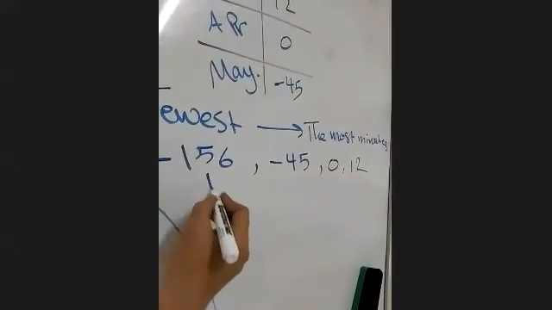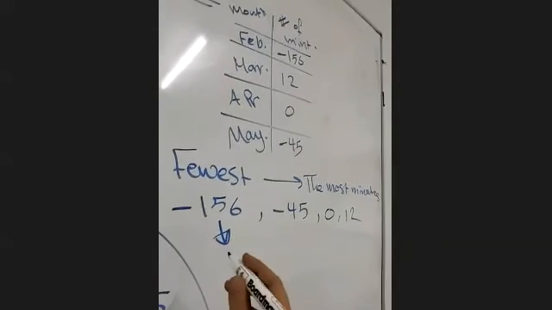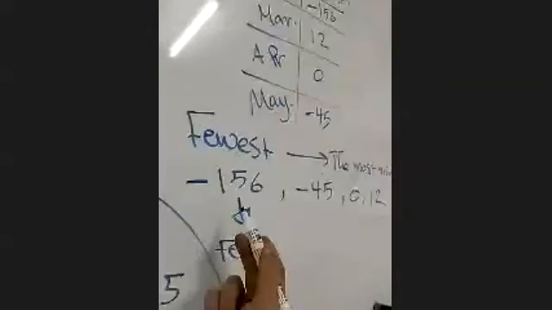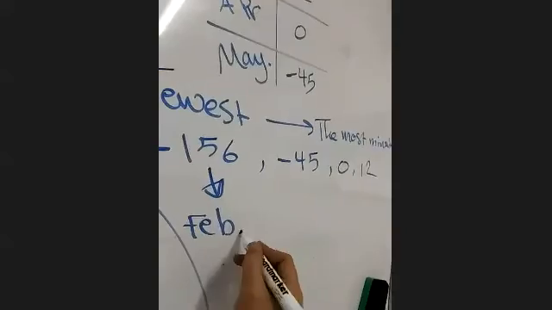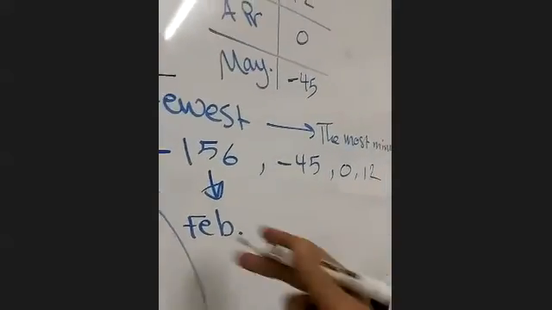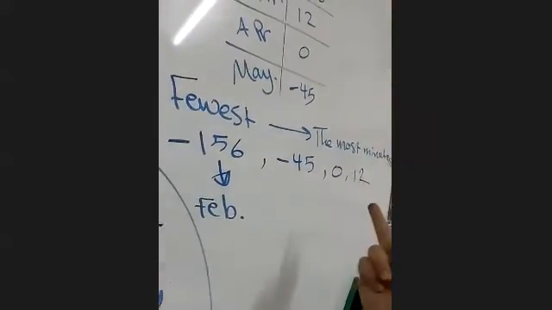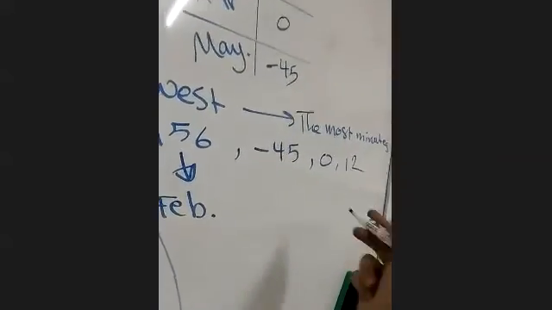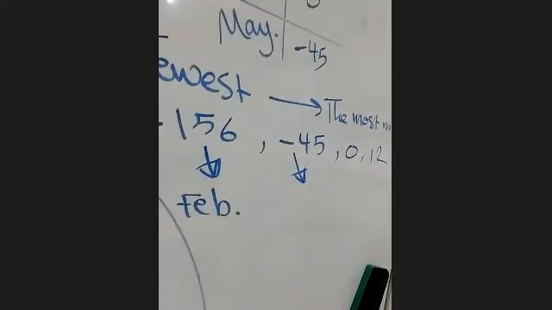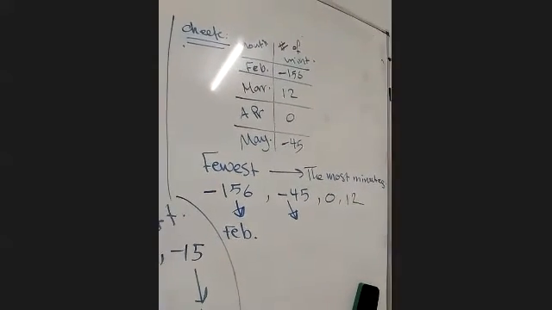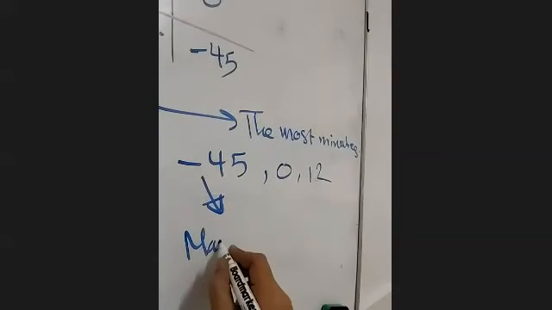Now, negative 156 for which month? February. So write like this, arrow, guys, with February, because they want to order the months, not the integers. But we will use the integers to know the ordering of the months. Negative 45 for which month? May. So write under it May.